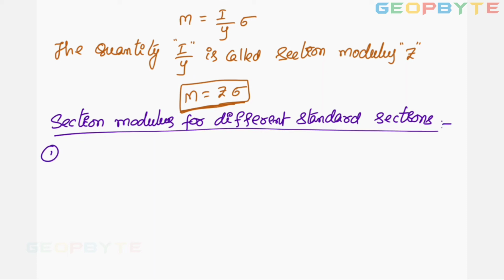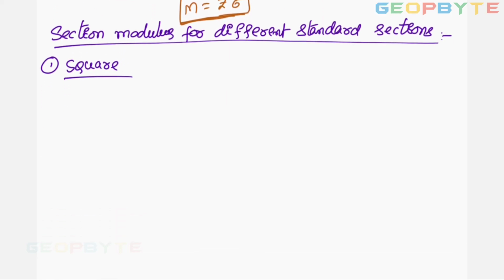First let us take the square. For a square, breadth and depth both are equal. This may be the width and this may be the depth. Here b equal to d.